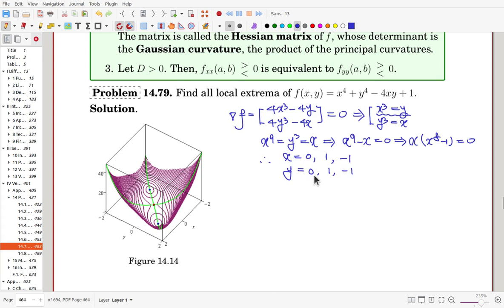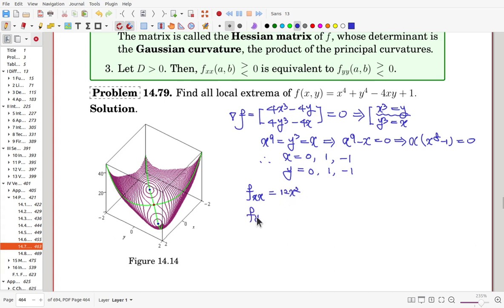Now we have to decide which one is a local minimum or maximum, or which one is a saddle point. In order to do that, we may try to use the second derivative test. And we have to decide D first. In order to do that, we need to get second derivatives. F sub xx is 12x squared.